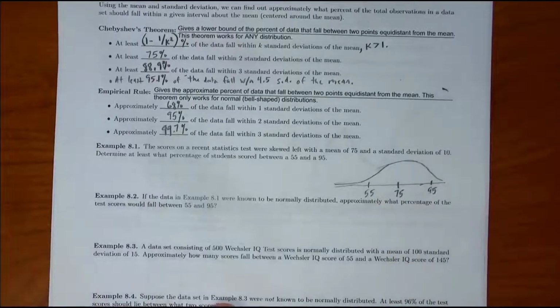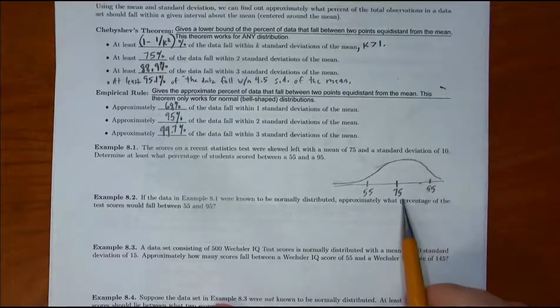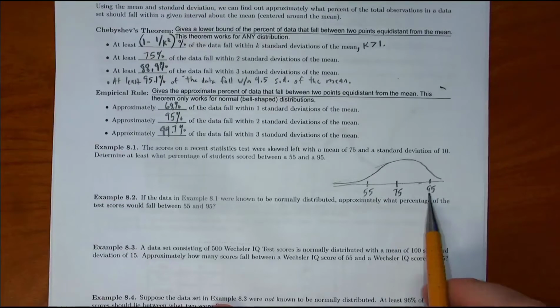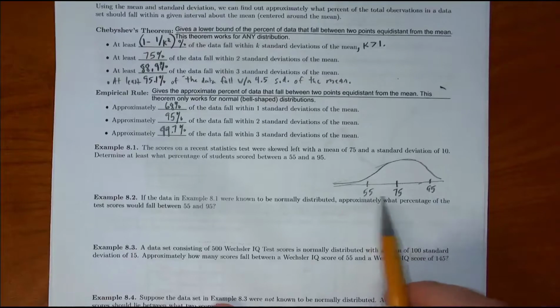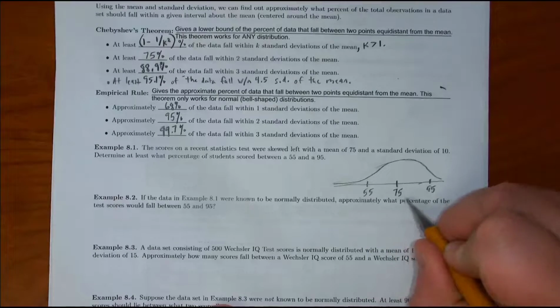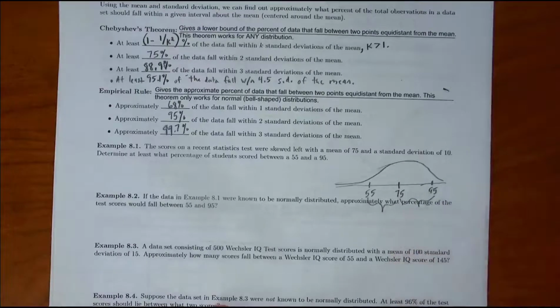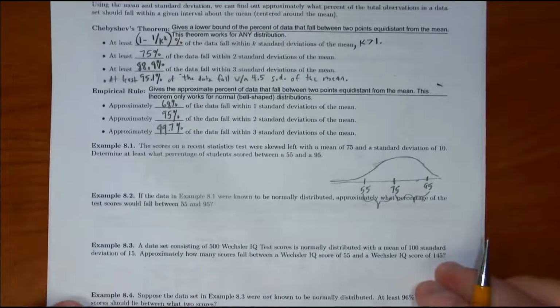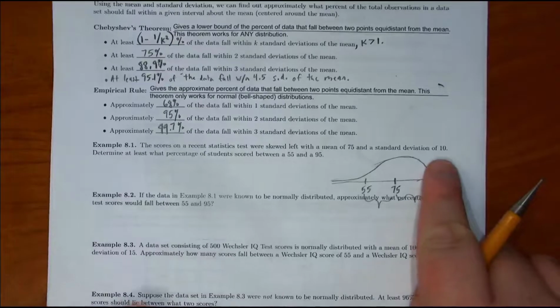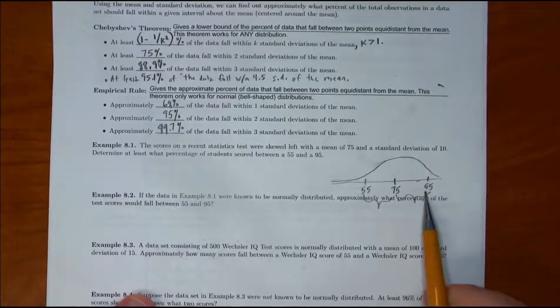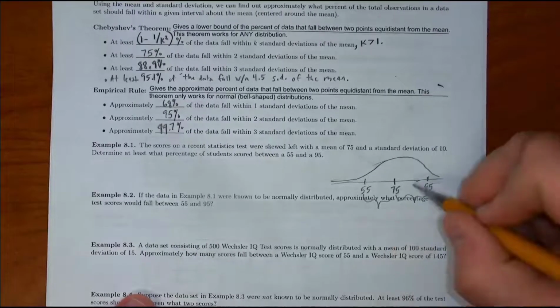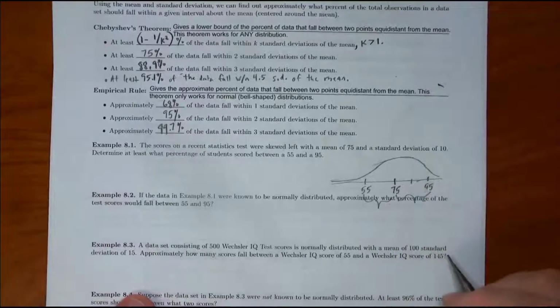And the question is, how many standard deviations does it take to get from 75 to 95, or from 55 to 75? What's this distance in terms of the standard deviation? Well, the standard deviation is 10. So to get from 75 to 95, you add 10, so there would be 1 sigma.